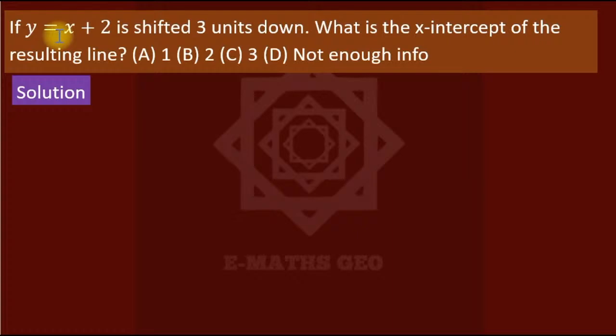If y equals x plus 2 is shifted 3 units down, what is the x-intercept of the resulting line?